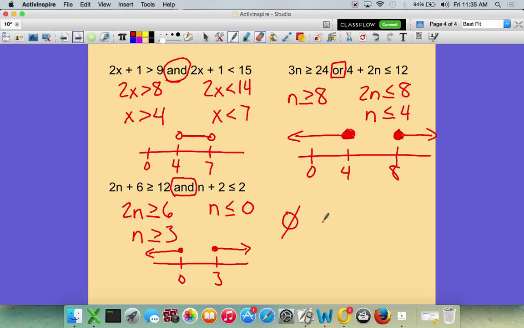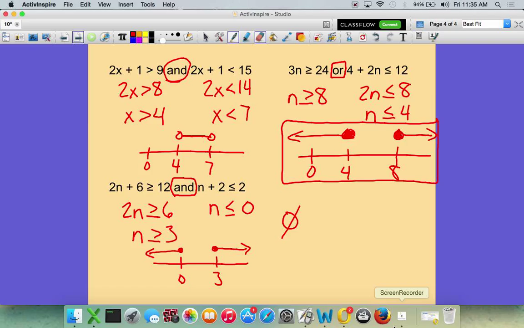So if we put in a 0, well, 0 is greater than 24, that's not true for this one, but 4 plus 0 is 4, that is less than 12. So it works for this one, so that's okay based on our "or" here. If we put in a 9, 27 is greater than 24, yes, that works too. So our answer for this would be this graph here, all of the information here.